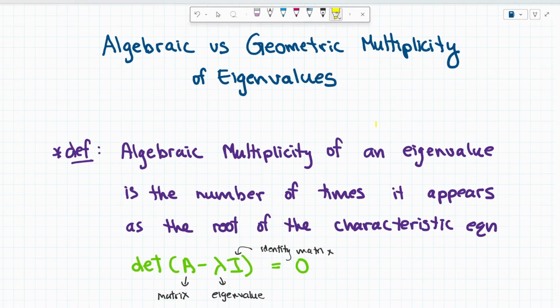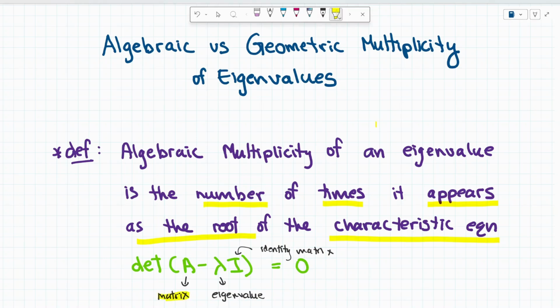Okay, so algebraic multiplicity of an eigenvalue is the number of times the eigenvalue appears as the root of the characteristic equation or the characteristic polynomial. The characteristic equation is given by this right over here. It says that the determinant of matrix A minus lambda I equals 0.